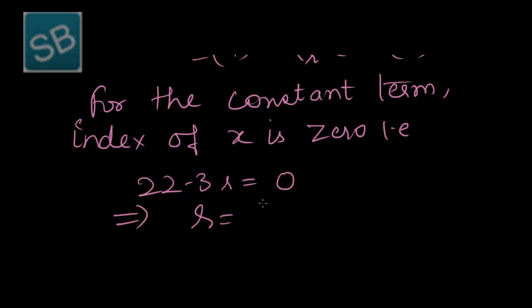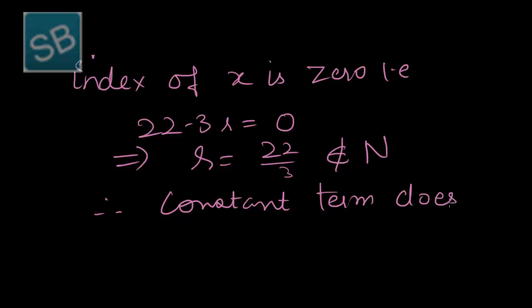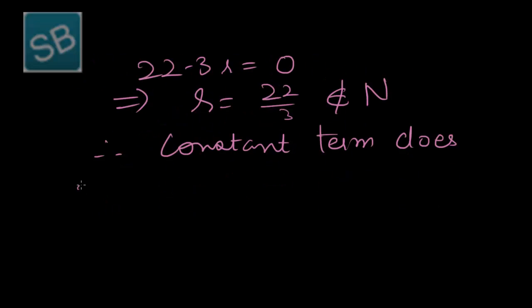That means r is equal to 22 by 3. But it does not belong to natural numbers. Therefore, the constant term does not exist in the expansion.